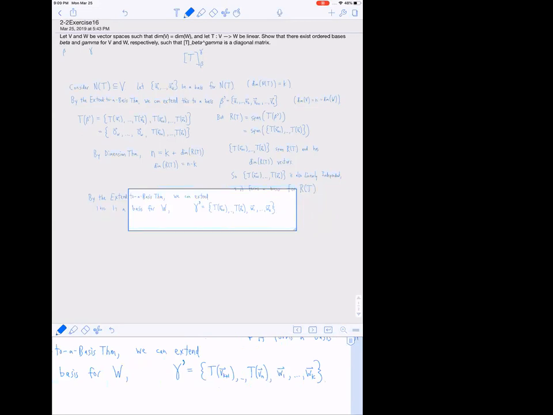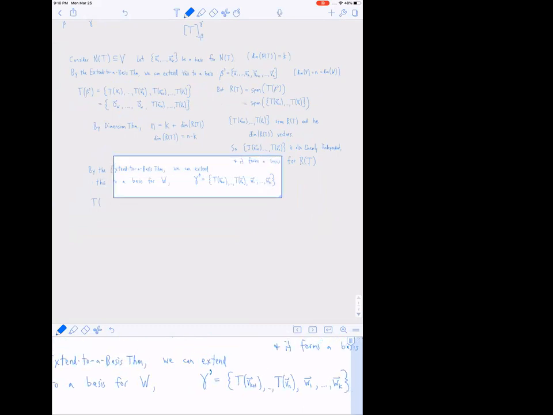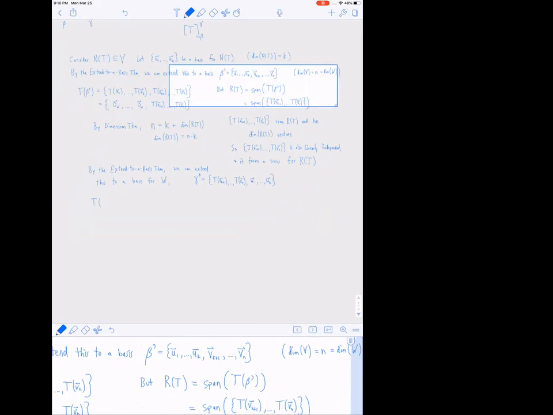So let's consider now, what does the matrix for T with respect to these two bases look like? Well, what we're going to want to do is apply T to each of the basis vectors in beta prime. So beta prime was up here. It's u1 through uk, and then vk plus 1 up through vn.